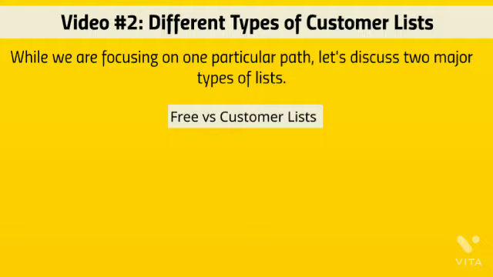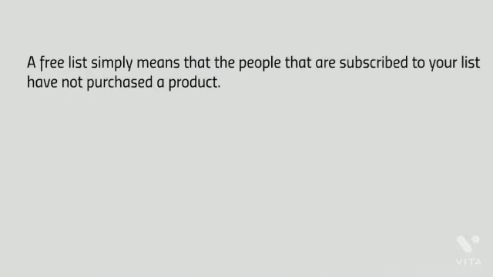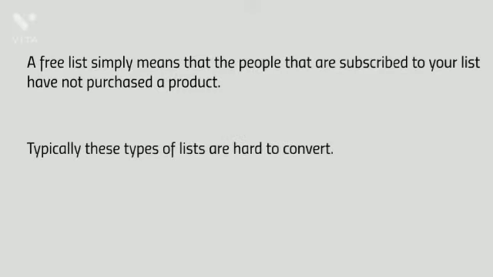So a free list, let me explain the differences. A free list simply means that the people that are subscribed to your list have not purchased a product. So imagine you get onto a landing page or a squeeze page and they're asking for your name and your email and that's it, you're not buying anything. That is basically what a free list is.